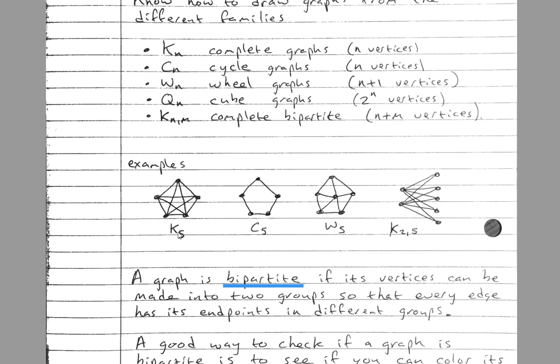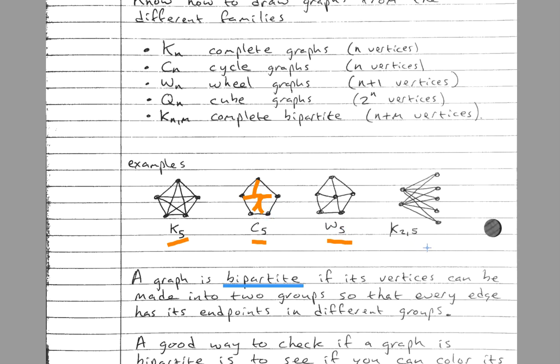So examples here, yeah, this is K sub 5. C sub 5 looks like this. And then add a new vertex in the middle to get W sub 5.